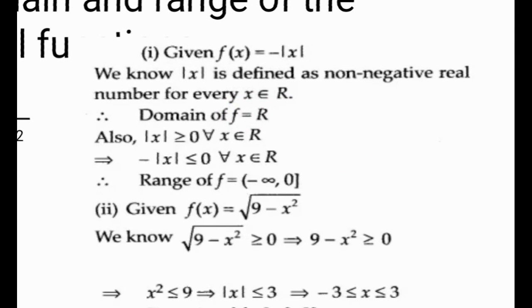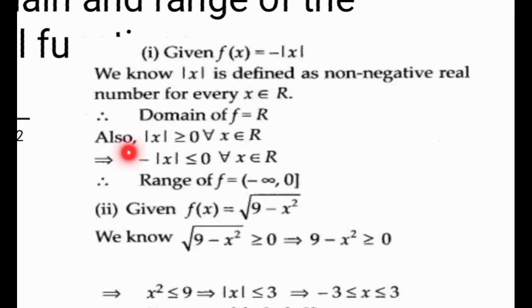Therefore, the domain of f equals R, the real numbers. So modulus of x is always greater than or equal to 0. Now, I said modulus of x means always positive, that is, a non-negative real number. Therefore -|x| is less than or equal to 0.